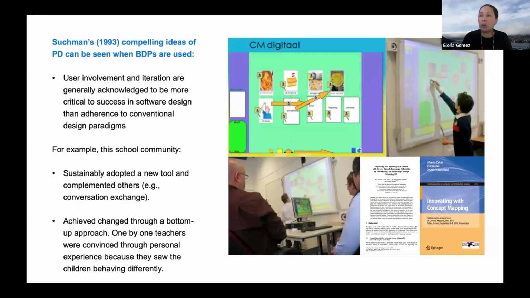They were replacing topic webs, and they used it to complement others, for example, the conversation exchange method. The teachers co-designing achieved a change in didactic tools from a bottom-up approach. One by one, teachers were convinced through personal experience because they saw the children behaving differently.